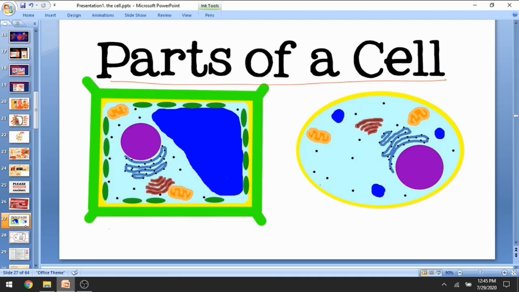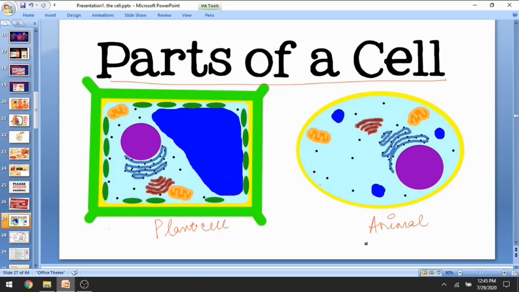So talking about parts of a cell, as I mentioned in this diagram, a cell with a cell wall is said to be a plant cell. A cell without a cell wall and oval in shape is said to be an animal cell. A cell consists of three parts, students.